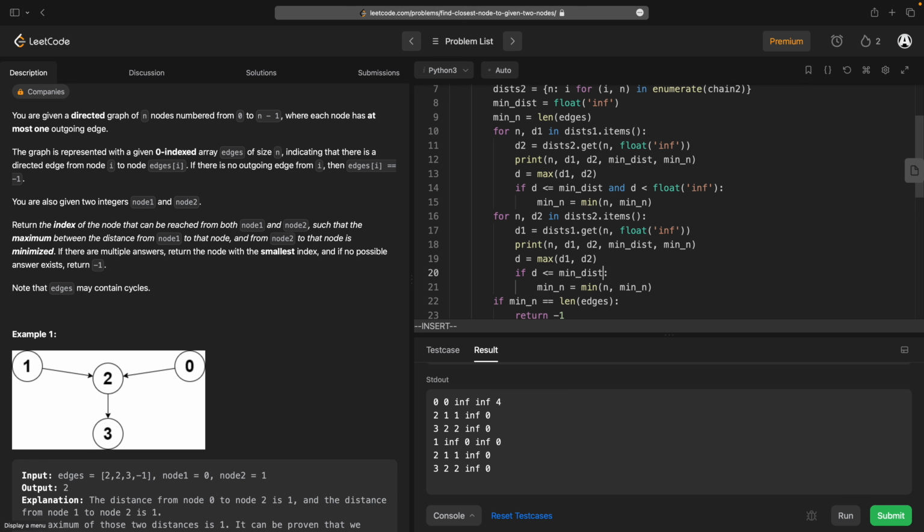So we need to do this check here. If it's infinity, don't bother.